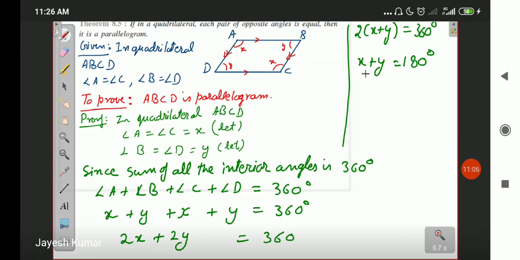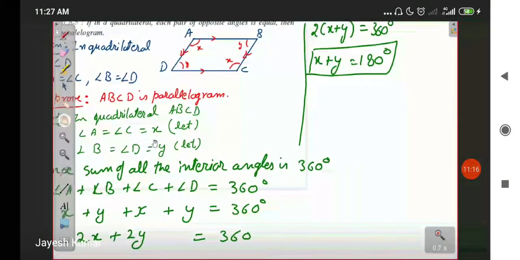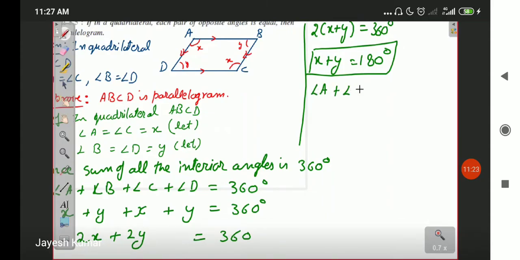Okay, in place of x, first of all, I will write down x as angle A and y as angle B. So by doing that, what is the result? Hence, angle A plus angle B is 180 degrees.